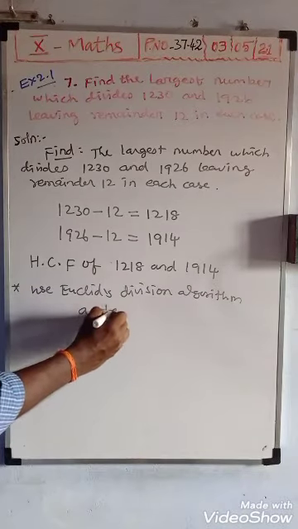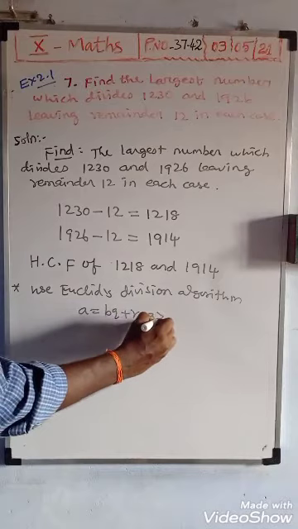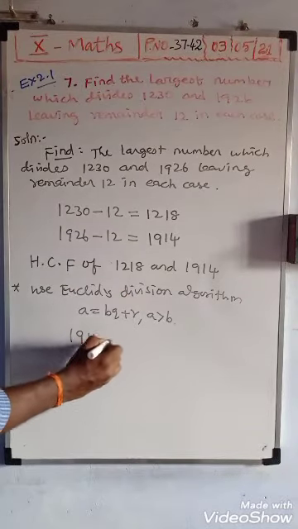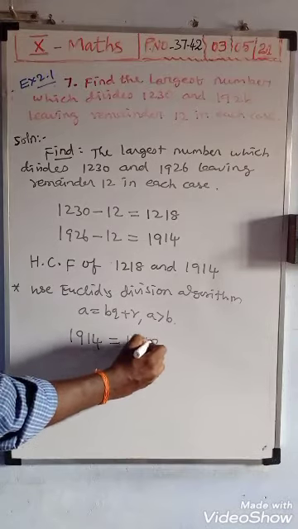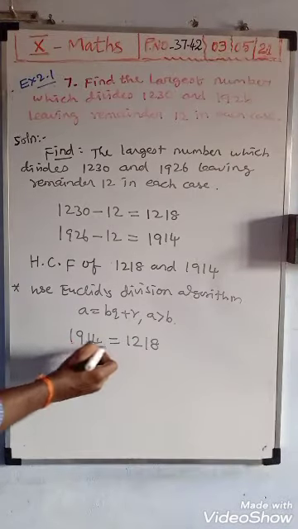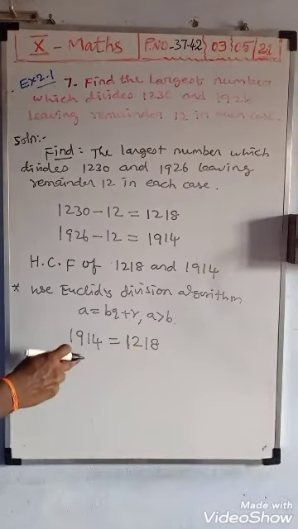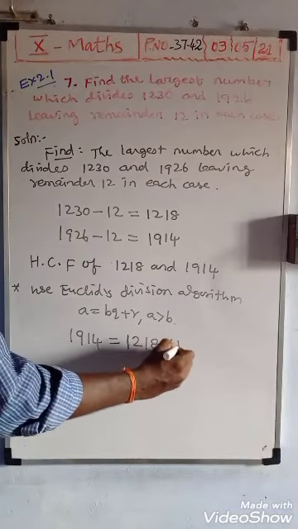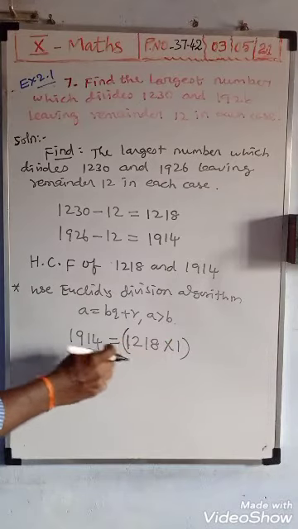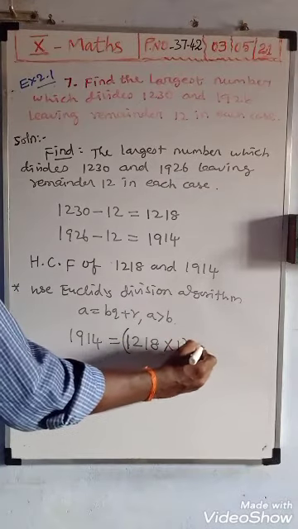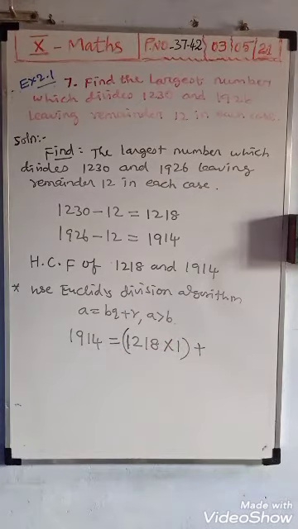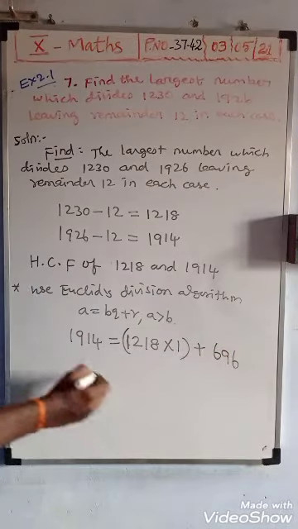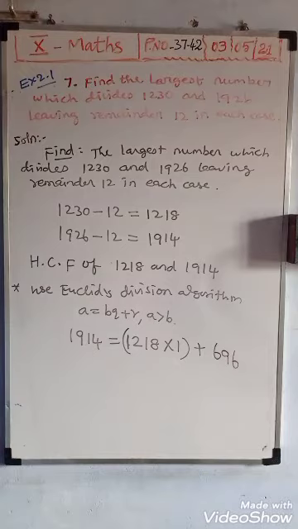A is equal to BQ plus R, where A is greater than B. First, you divide 1914 by 1218. How many times is it possible? Only one time. You divide, and the remainder you receive is 696.